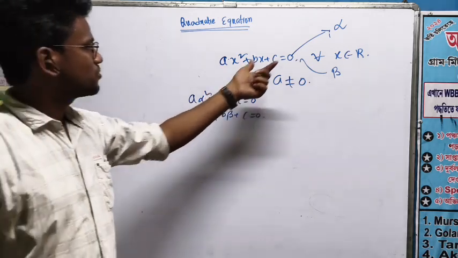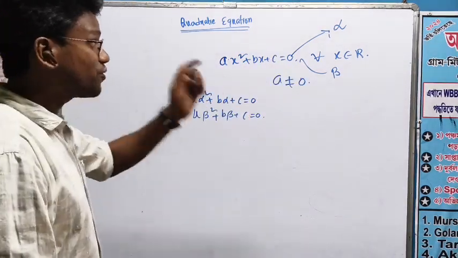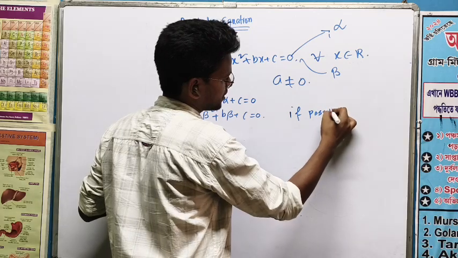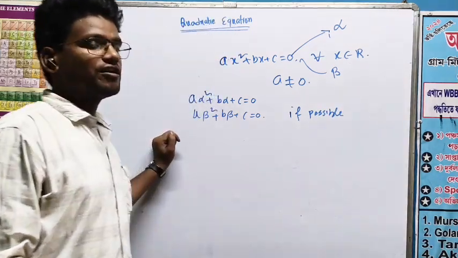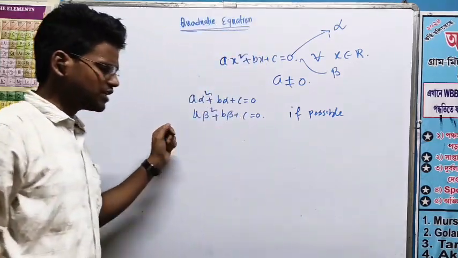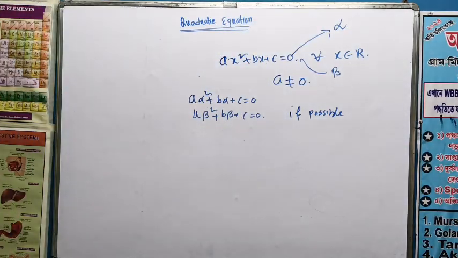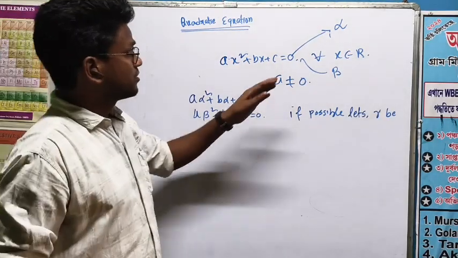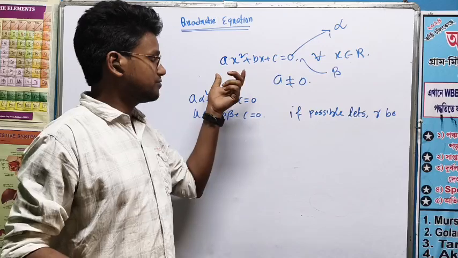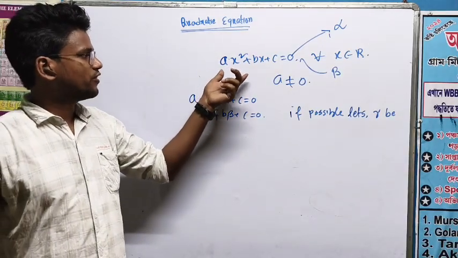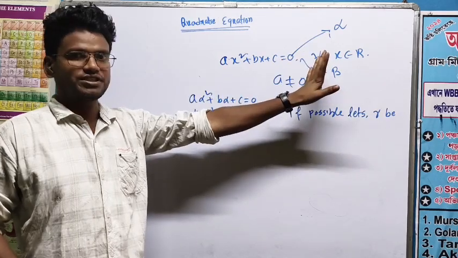So these are the roots alpha and beta. By the fundamental theorem of algebra, we will get just two roots, alpha and beta.